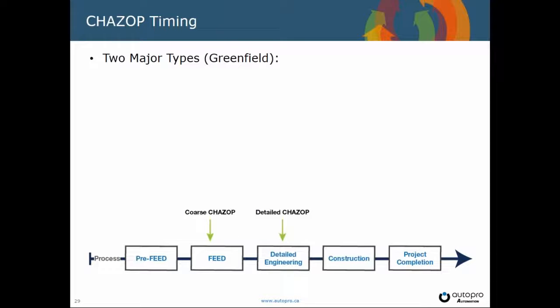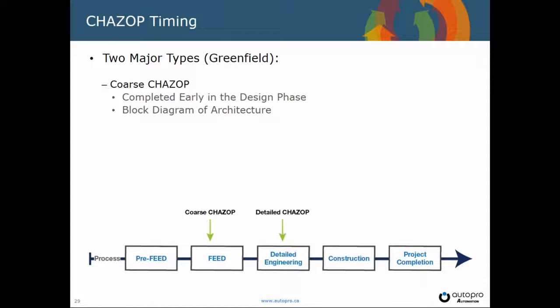As for timing, for Greenfield, there are two major types of CHAZOPs. There's a coarse CHAZOP, which we would do during the FEED. We would typically look at a block diagram of the architecture, at a very high level. How is the power coming in? What redundancy schemes are we looking at? Do we need them?